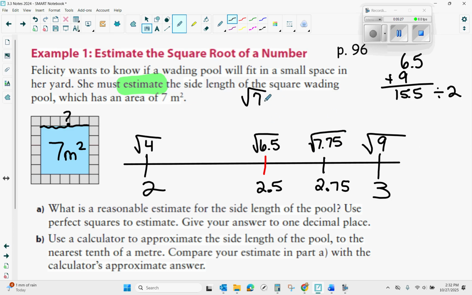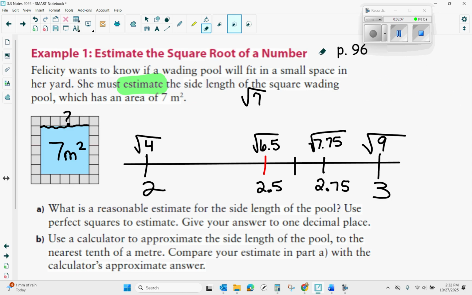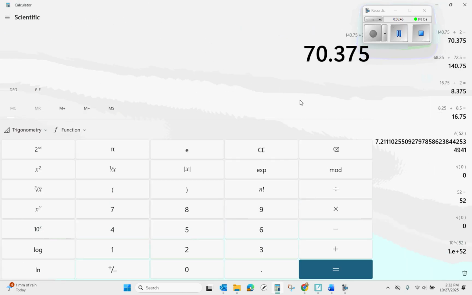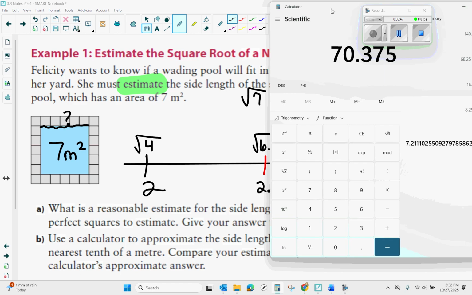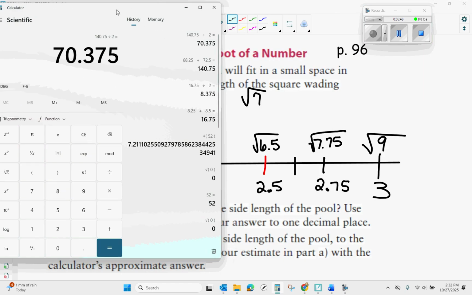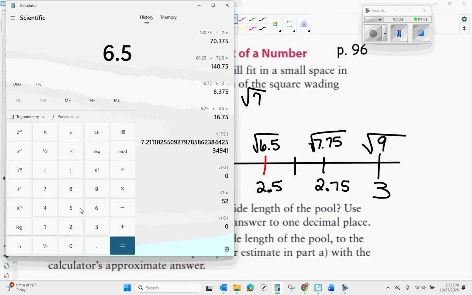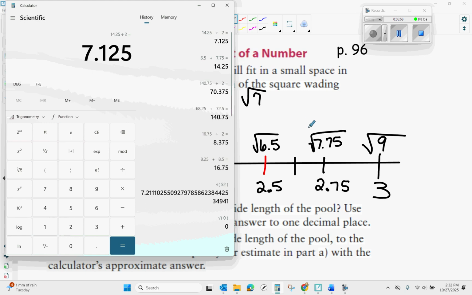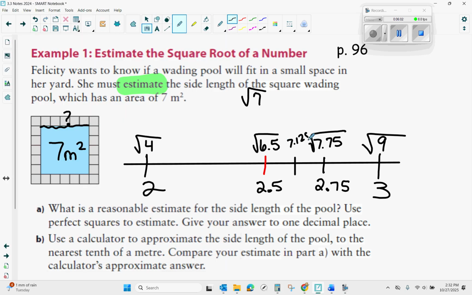And I want the square root of 7. I would dare say we should find the middle one more time at least, and then I can make a really good estimate. So I get my calculator out for this one. 6.5 plus 7.75, divided by 2, is 7.125.